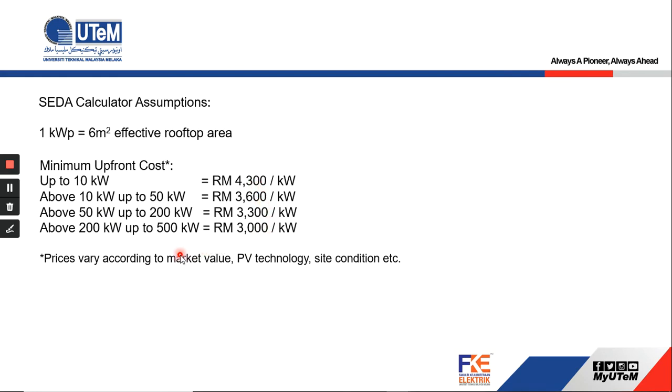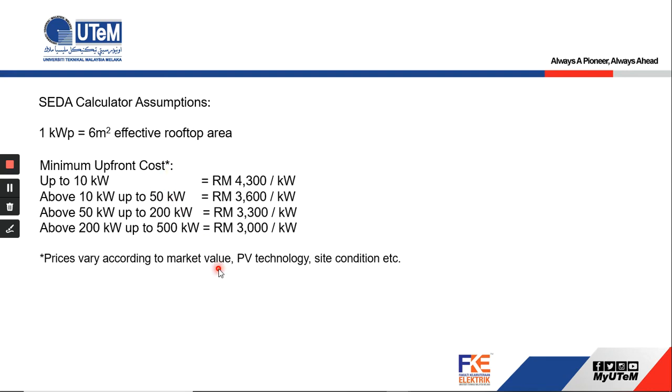If you are installing for, let's say, a factory that has a large rooftop area, and you install 200 kilowatt and above, you can expect the price of the system per kilowatt to be reduced dramatically. In this case, SEDA assumes 3,000 per kilowatt. You must note that for SEDA, the calculation is done based on minimum upfront cost only.